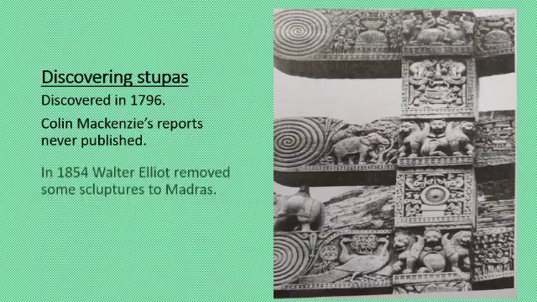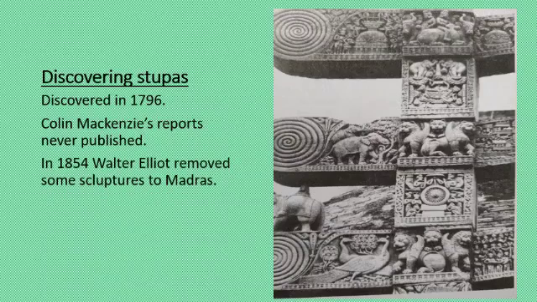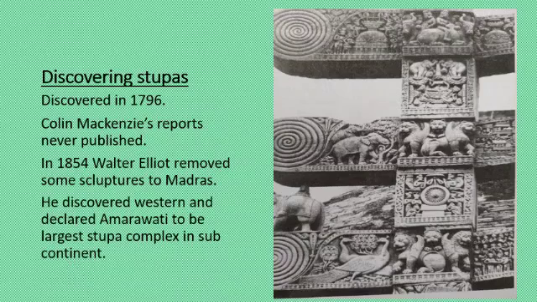In 1854, Walter Elliot, the commissioner of Guntur, visited Amravati and collected several sculpture panels and took them away to Madras. He also discovered the remains of the Western Gateway and came to the conclusion that the structure at Amravati was one of the largest and most magnificent Buddhist stupas ever built.